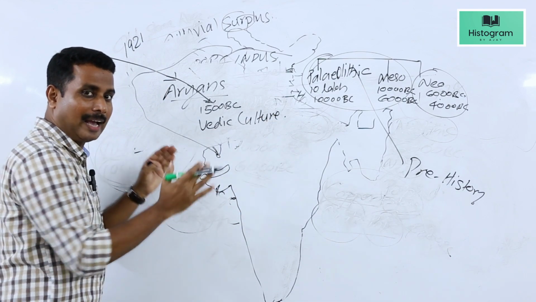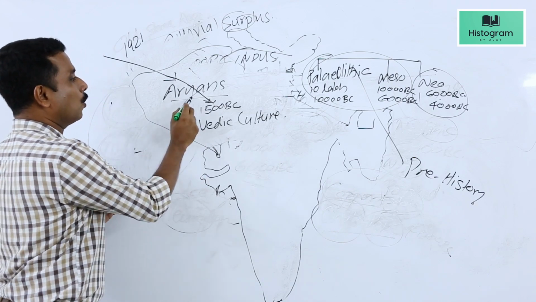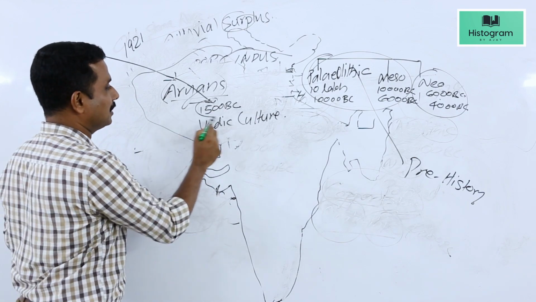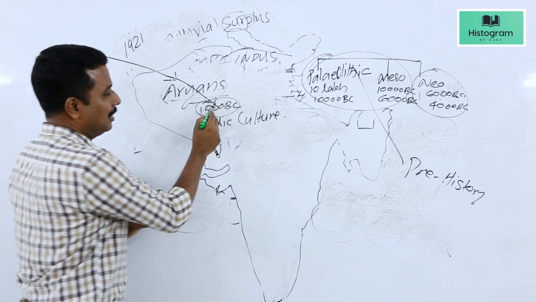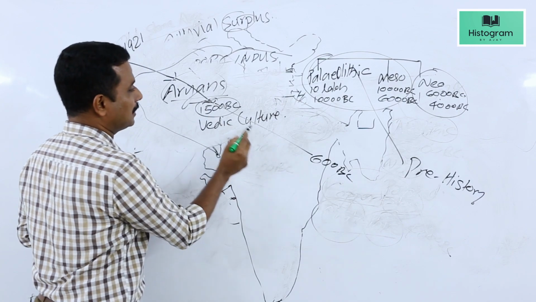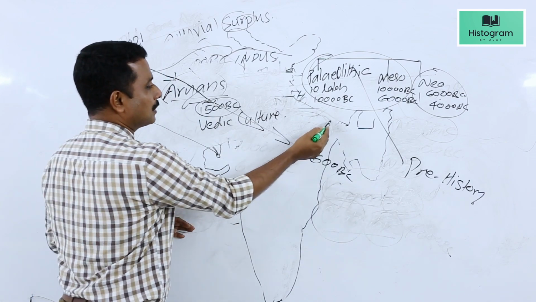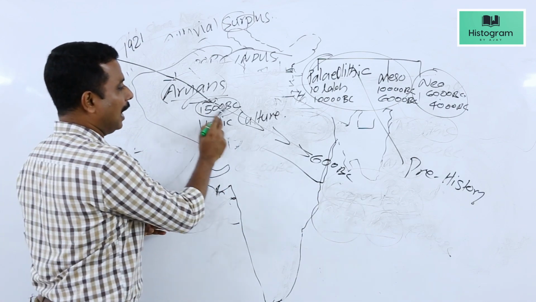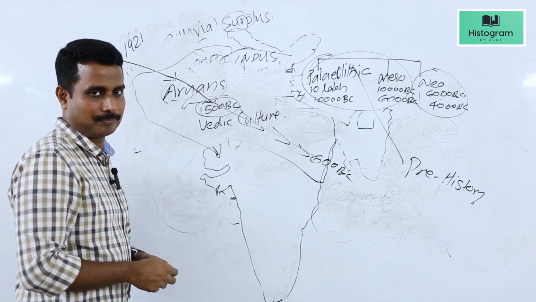So we are learning a new stage in Indian history, that is Vedic culture or Aryan culture, initiated by Aryans who reached the Indian subcontinent by 1500 BC, and it went up to 600 BC, and by 600 BC they had expanded to the eastern part of India up to present day Bihar and Bengal. So this is known as Aryan expansion in the eastern direction.